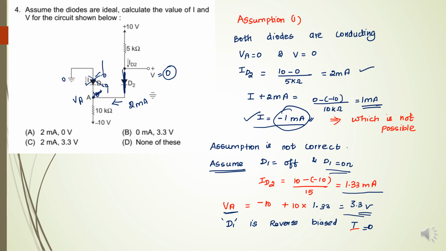Okay, so that is 3.3 volt. That is the voltage VA. VA equal to 3.3 volt. So D1 is reverse biased and the current flowing through it, I, is equal to 0. So option B is the correct answer.